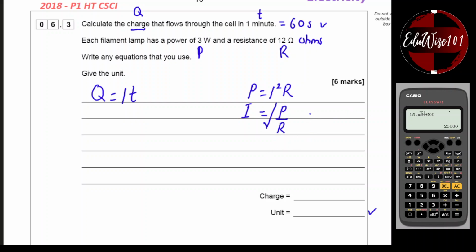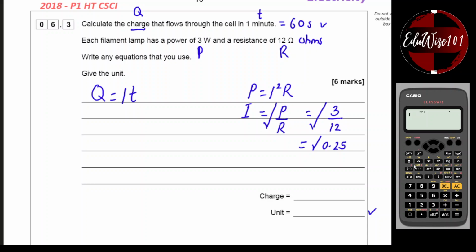So power is 3 divided by 12. Find the square root of that. So let's find what the value of 3 divided by 12 is. 3 divided by 12 is 1 over 4. Yeah, and that's 0.25. So square root of 0.25.